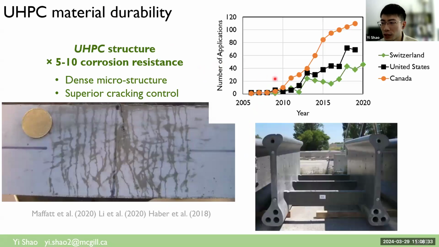And therefore, UHPC has gained increasing attention and applications in both the research world and real-world applications. So across the world, UHPC has been increasingly applied in different infrastructure projects.